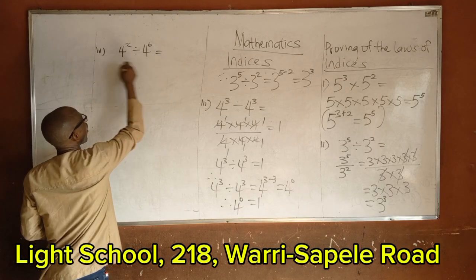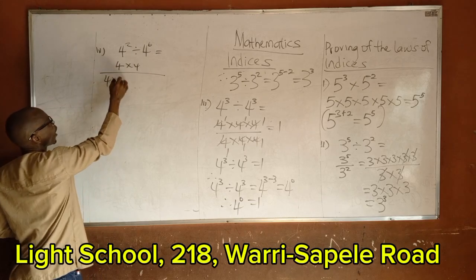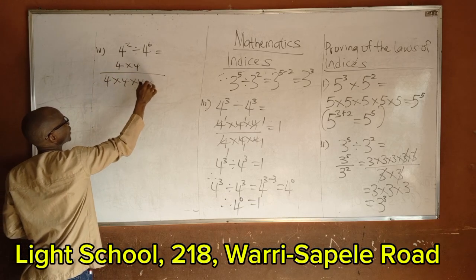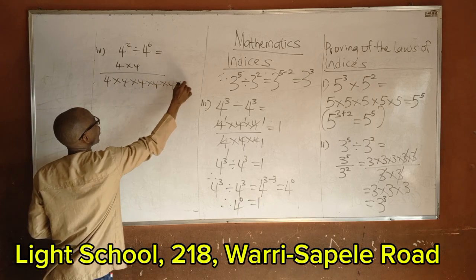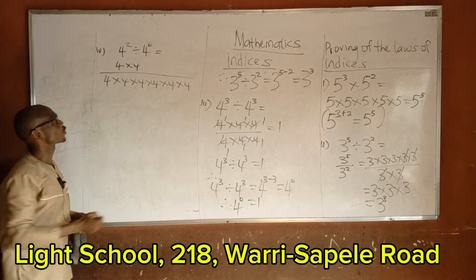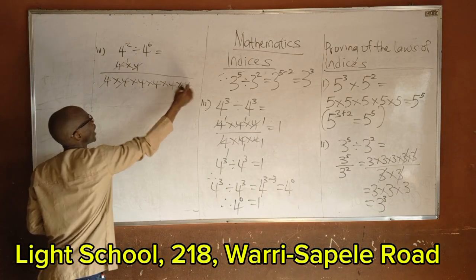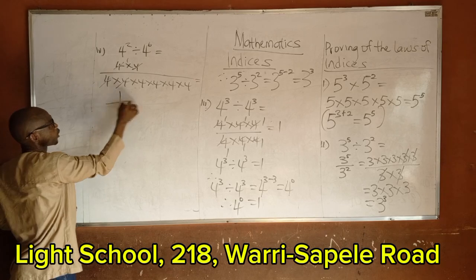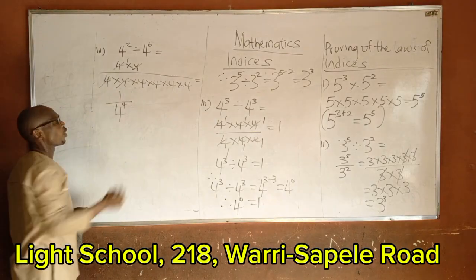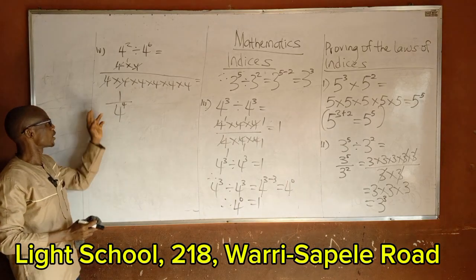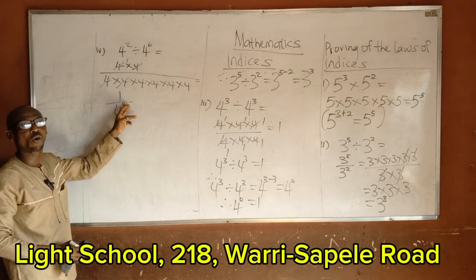Following our law, we have 4 times 4 all over 4 times 4 into 6 places. 1, 2, 3, 4, 5, and 6. So 4 cancel here, 4 cancel here. So what do we have? This will now be equal to 1 all over 4, 1, 2, 3, 4 raised to the power of 4. So 1 all over 4 raised to the power of 4.